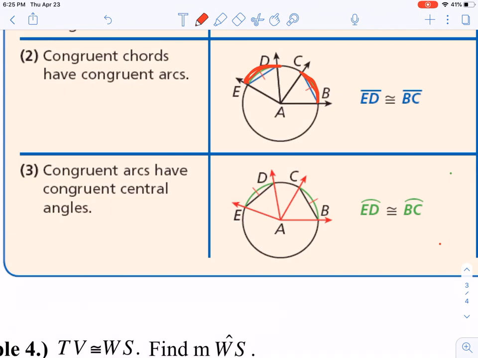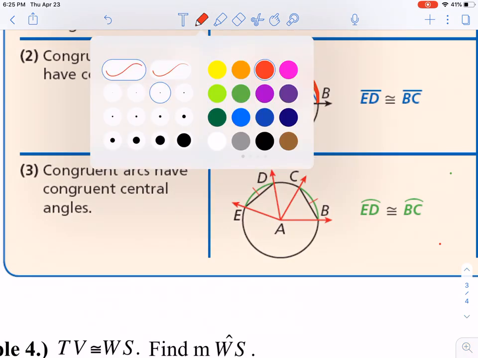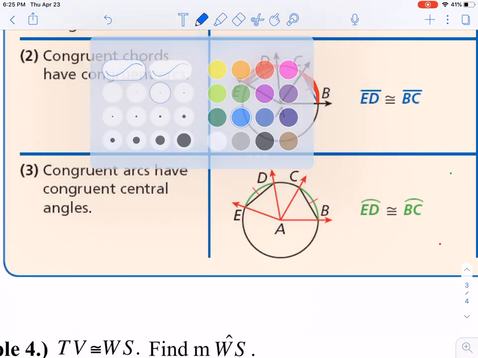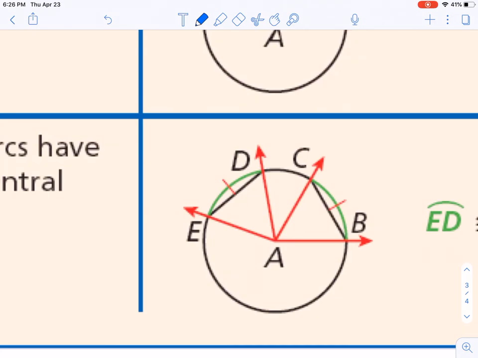So if I had congruent arcs, which I do here, arc ED is congruent to arc CB, that makes the two central angles forming those arcs also congruent. So angle EAD and angle CAB are congruent.